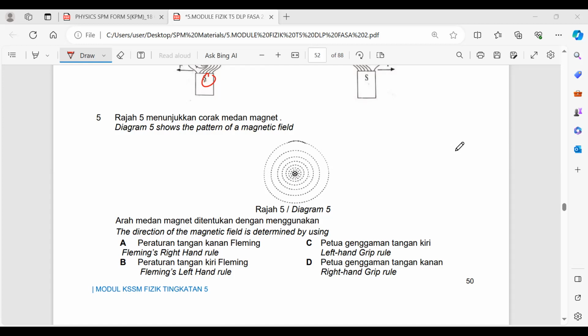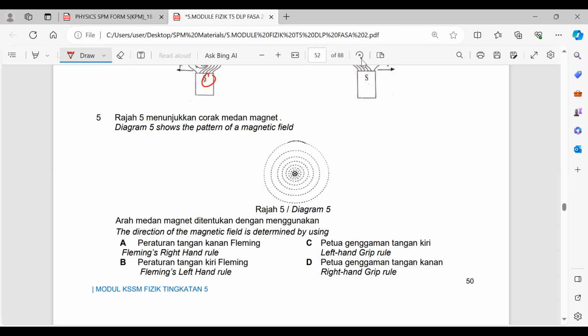Okay, the direction of the magnetic field is determined by using... Which one is the best choice of answer for 5?